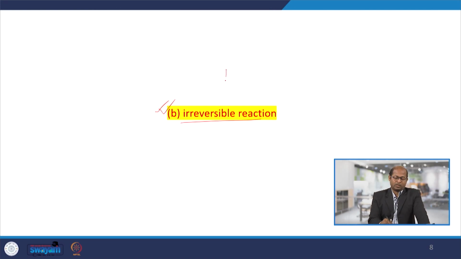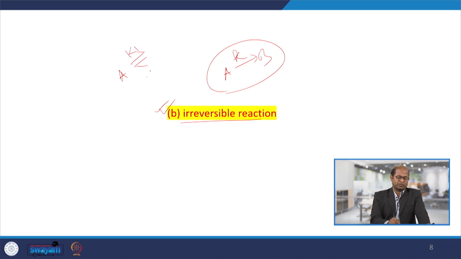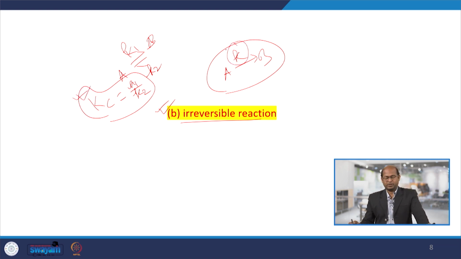And now we consider irreversible reactions. Earlier one was the reversible reactions; now we are talking about irreversible reactions. In reversible reactions we can get K1, K2, or Kc equals K1 by K2, the equilibrium constant and rate constants for forward plus backward reactions.